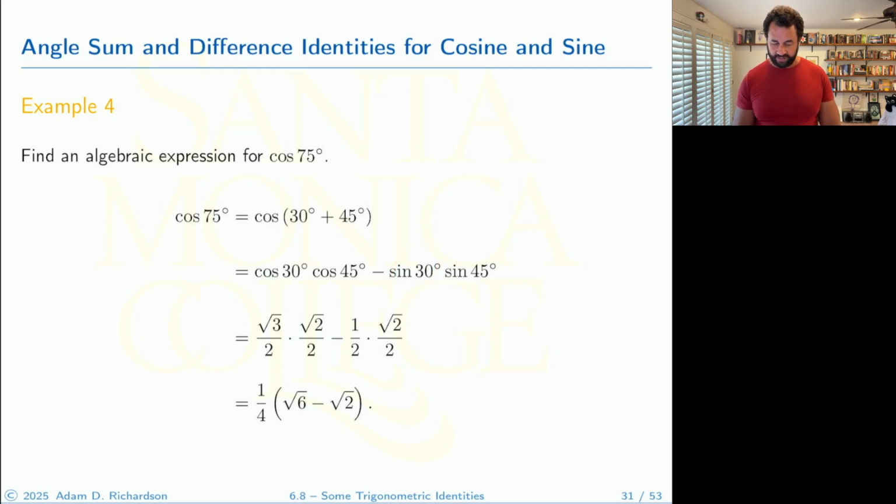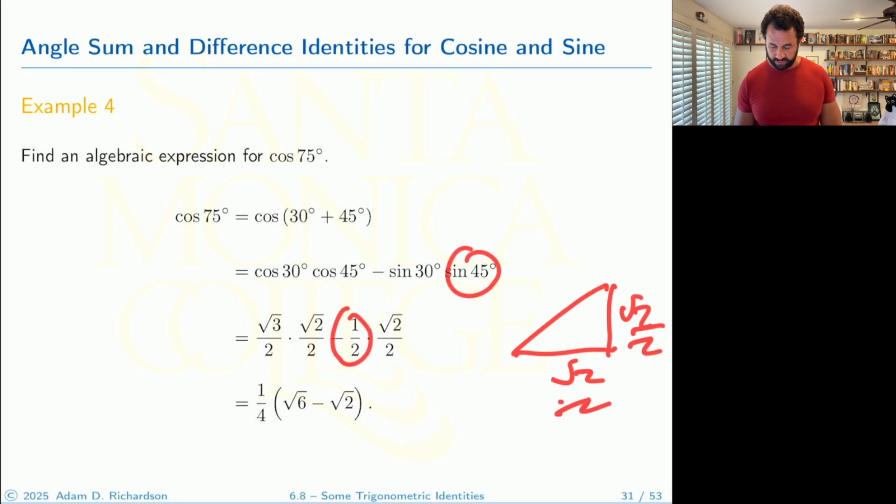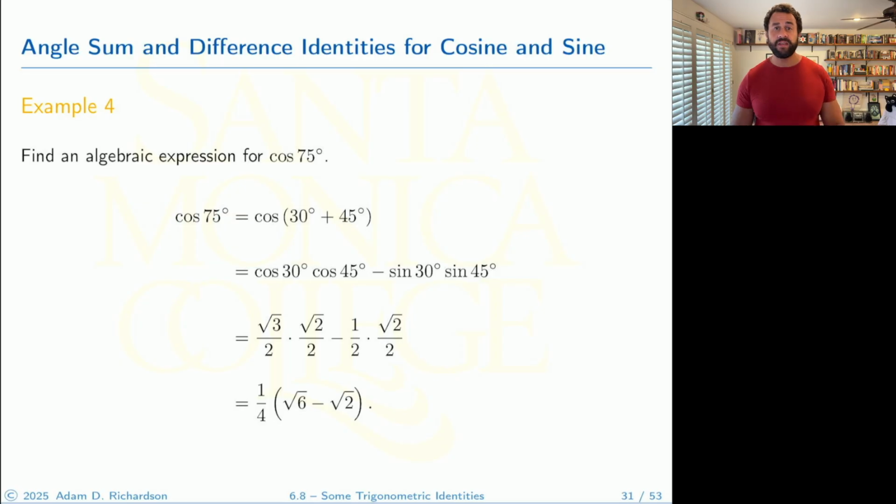Sine of 30, again, that's the shallow one. So sine is 1/2. And then sine of 45, that's the diagonal. They're the same. Root 2 over 2, root 2 over 2. Now, the only things that are present are algebraic expressions, and we're just going to simplify. Common denominator of 4, so we can pull out a 1/4.